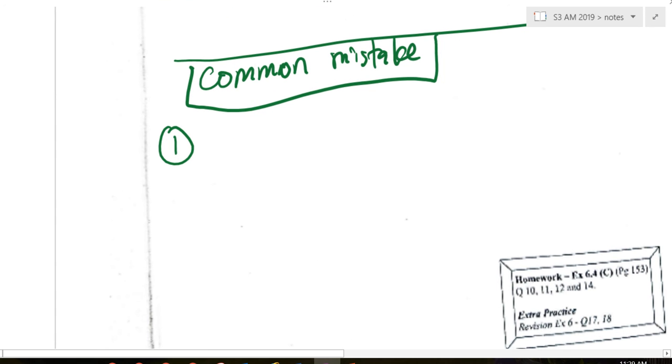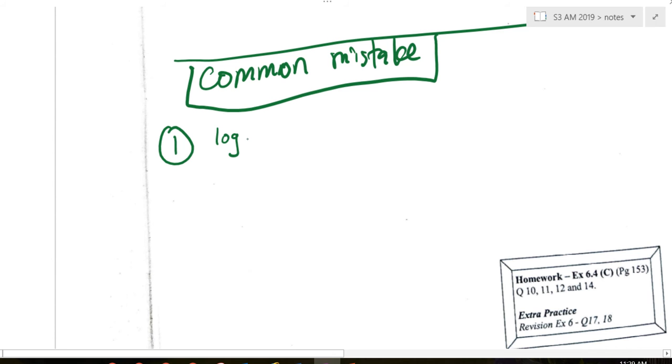Now, I aim to compile a common mistake list for our class, because every class will make different common mistakes. Let me explain common mistake number one. Can you write down common mistake number one? I have to write a bit small.